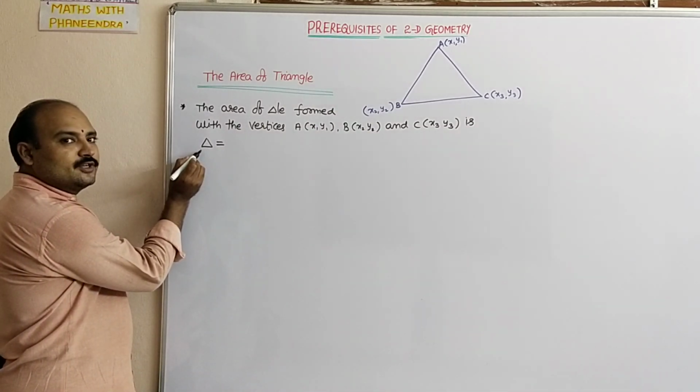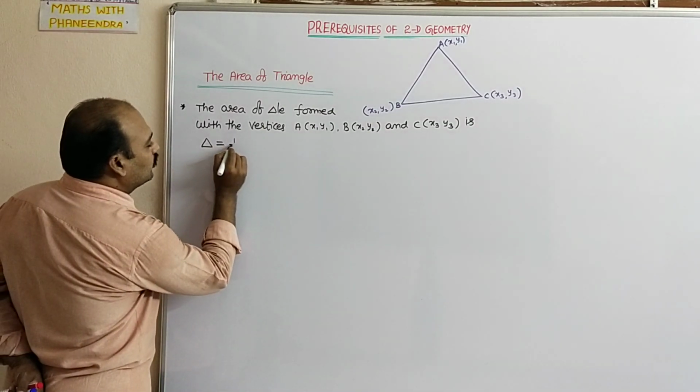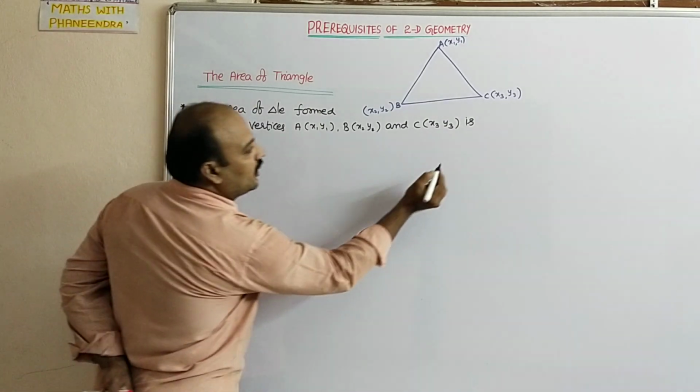The area of triangle is denoted by delta, equal to half into, observe carefully, I will give the formula.